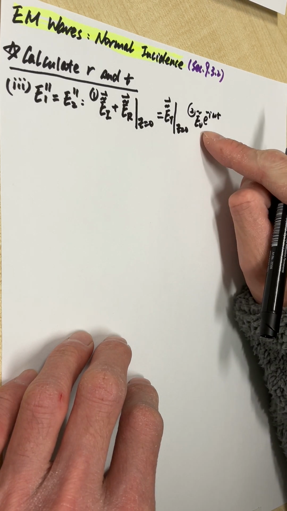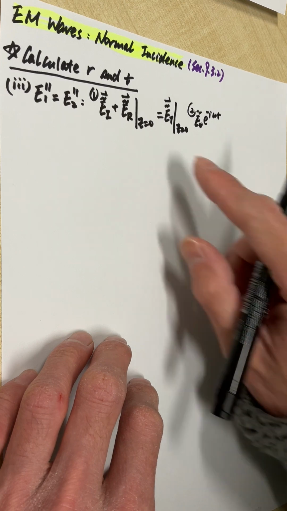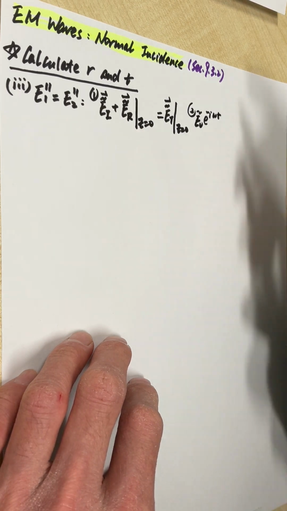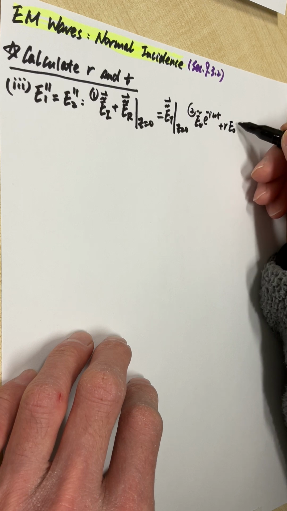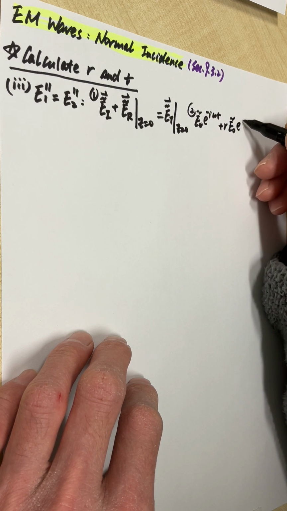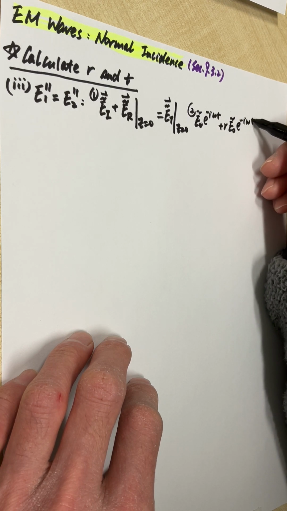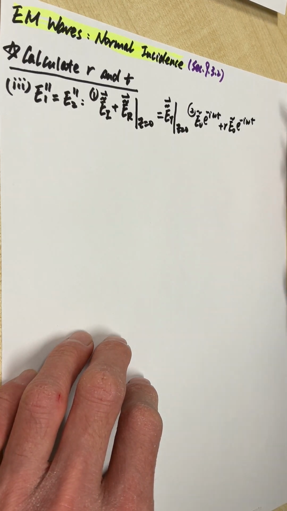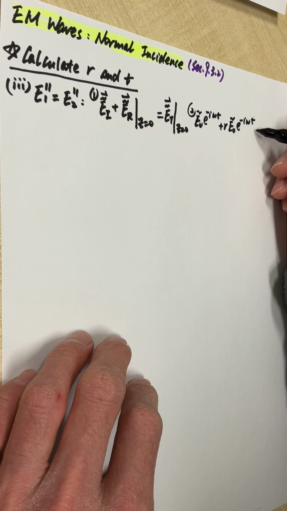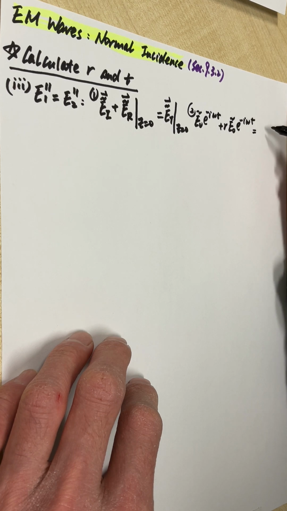This is the incident electric field at z equal to 0, plus R E0 e to the minus i omega t, which is the reflected electric field. And this should equal E_T, so T E0 e to the minus i omega t.